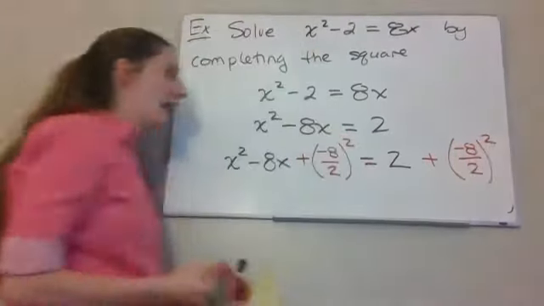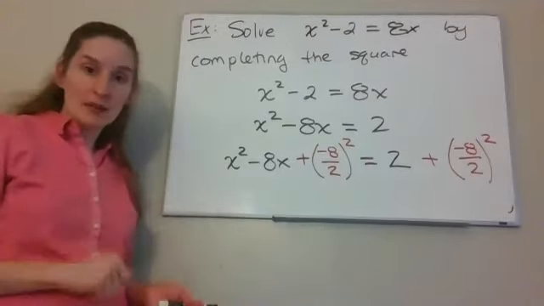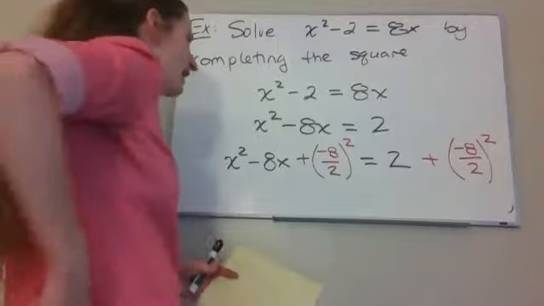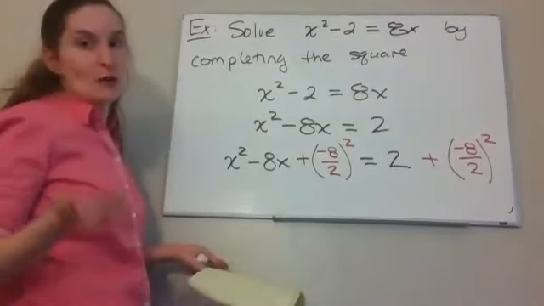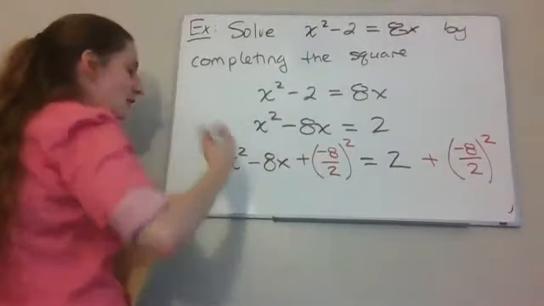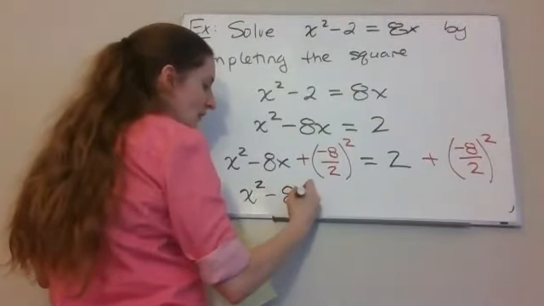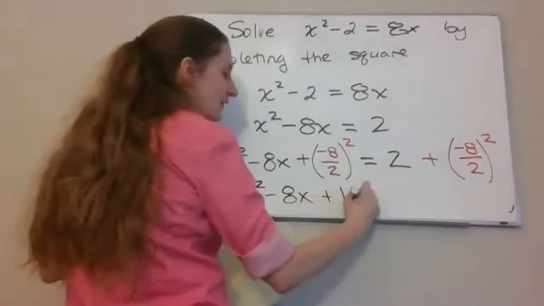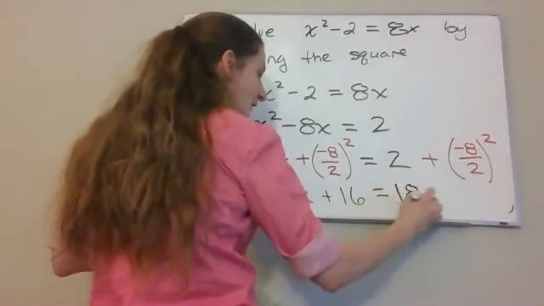Notice that since I added the same thing to both sides of the equation, I did not change my problem. So what is negative 8 over 2 squared? Well, negative 8 over 2 is negative 4. Negative 4 squared is positive 16. So what we have now is x squared minus 8x plus 16 equals 2 plus 16, which is 18.